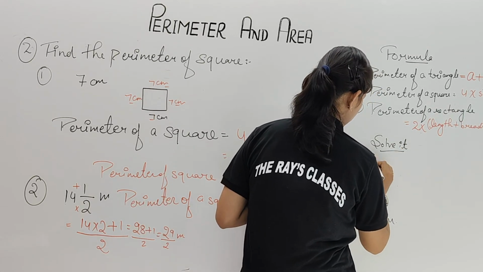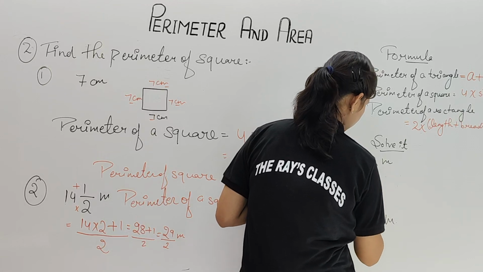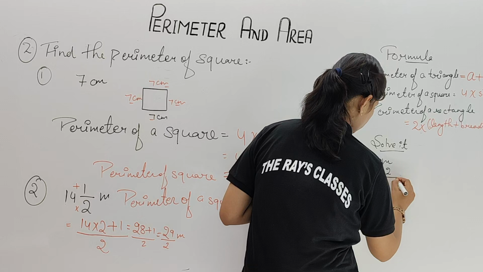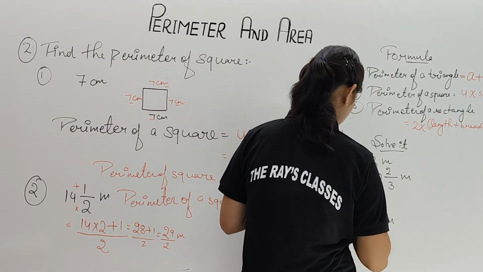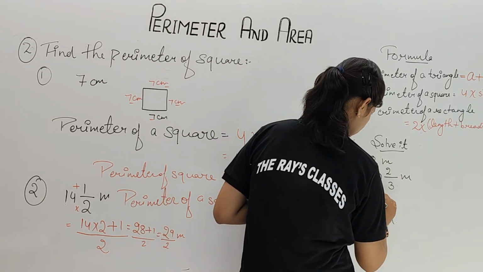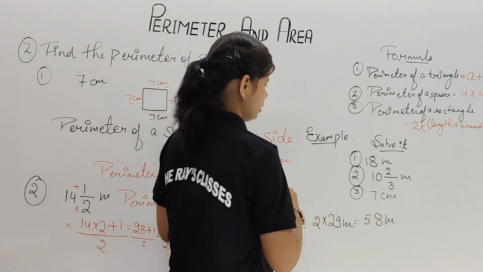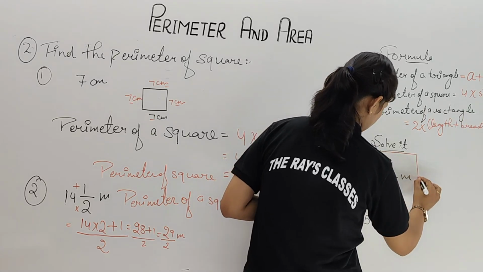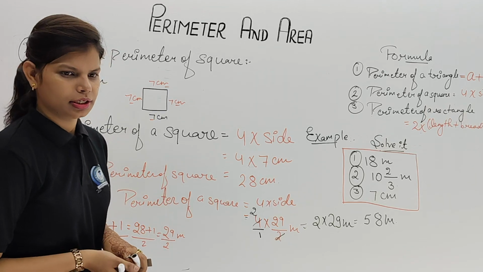First will be your 18 meter. Second will be your 10 whole 2 upon 3 meter. And third will be your 7 centimeter. These 3 questions you have to solve for practice, and you have to give your answers in the comment section.